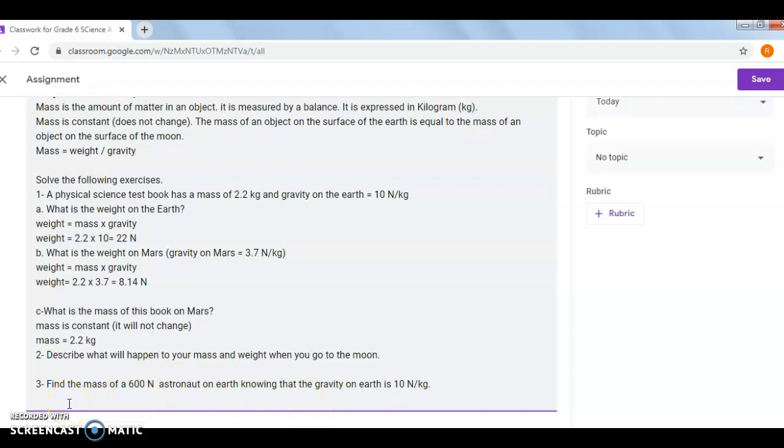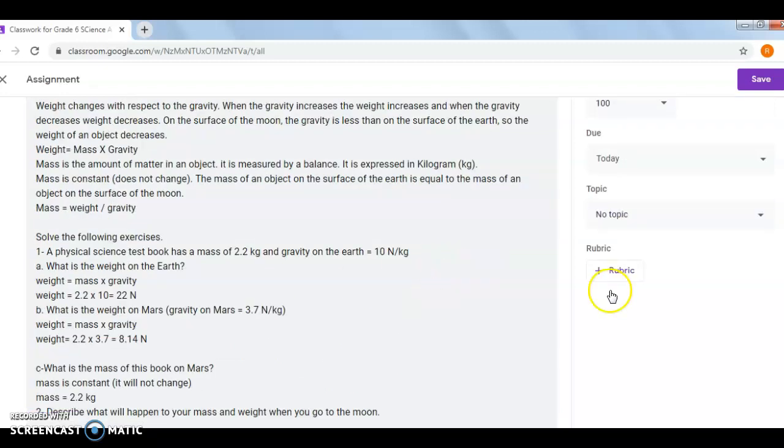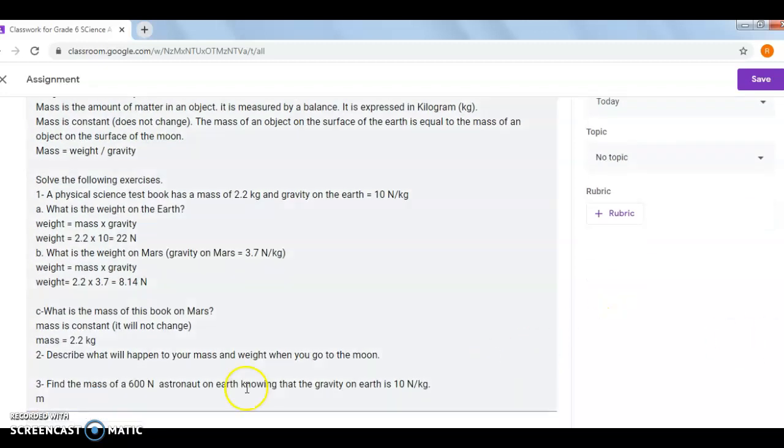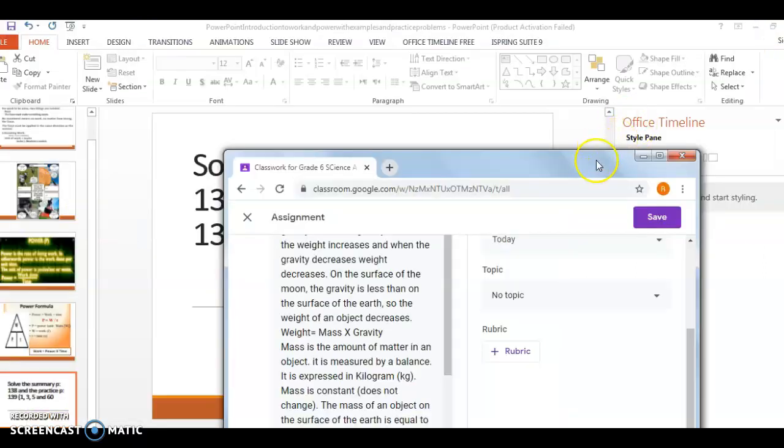Find the mass of a 600 Newton astronaut on Earth, knowing that the gravity on Earth is 10 Newton per kilogram. Here we have to write the equation of mass.